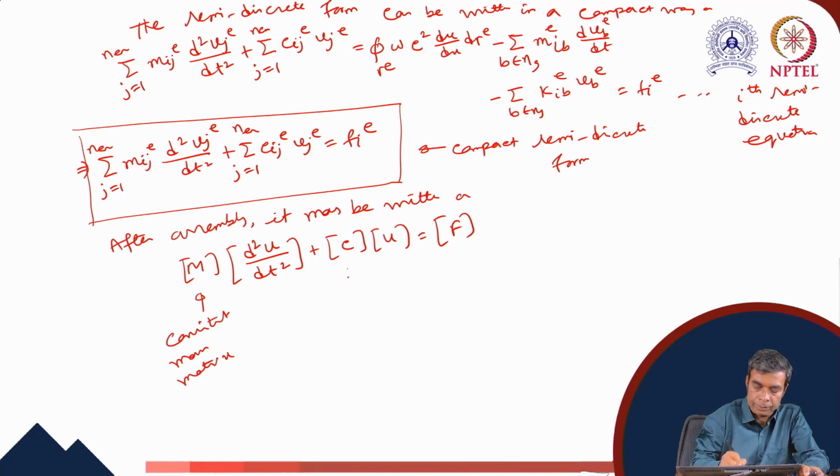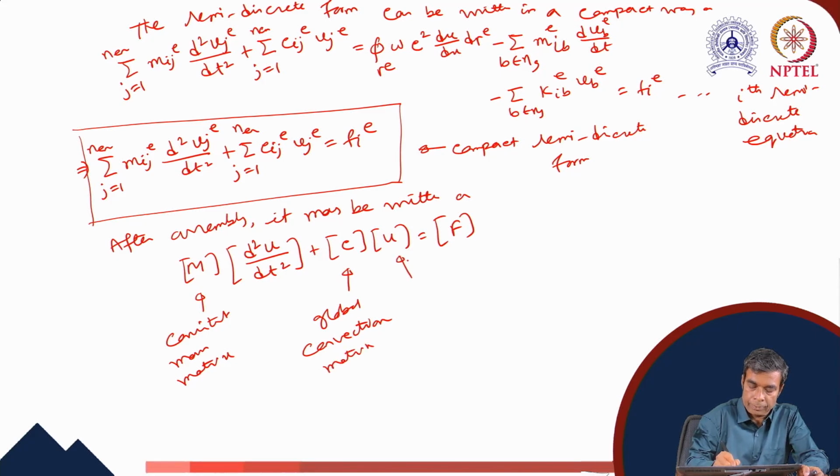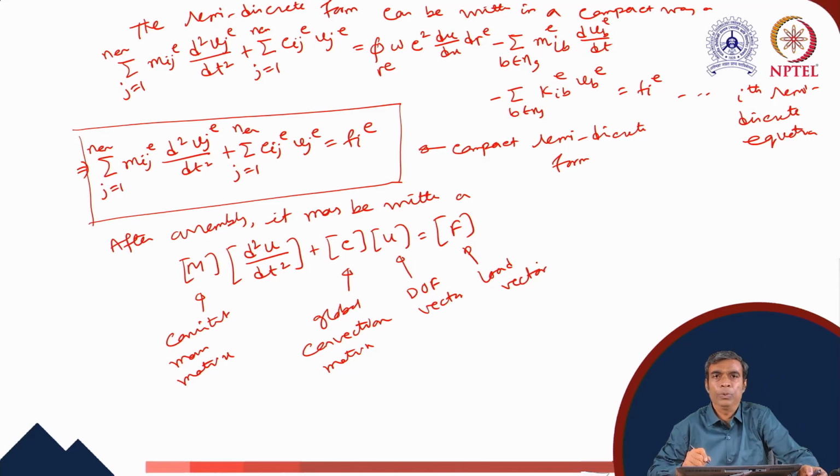This is global convection matrix. This is the DOF vector and the right hand side is the load vector after assembly. So we can use Newmark's method for time integration.